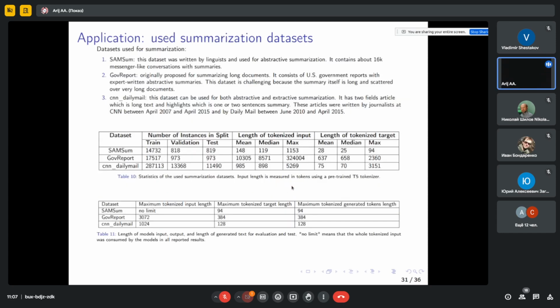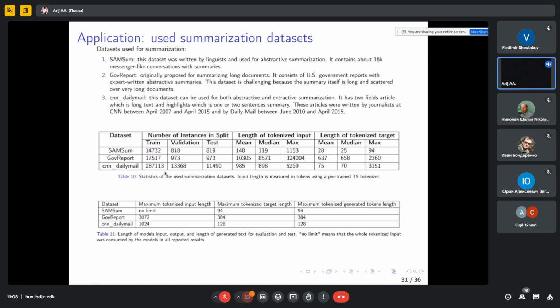The application was for the summarization task using just 3 datasets: SamSum, GovReport, and CNN. And these datasets range from normal input to long input in GovReport, as explained in table 10.